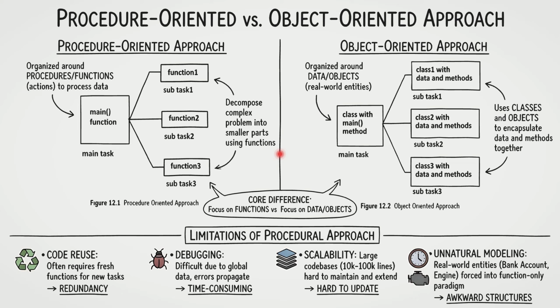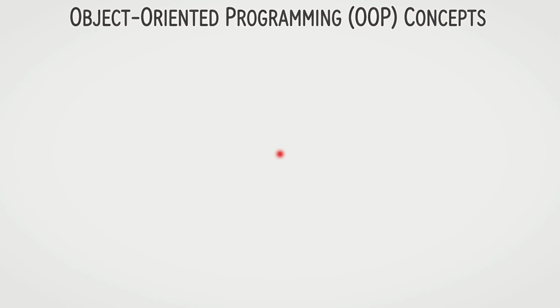To solve these limitations, we need to understand the fundamental building blocks that make up this new paradigm. Object-oriented programming is built upon four main pillars. But before we look at those, let's start with the fundamental building blocks, which are classes and objects.